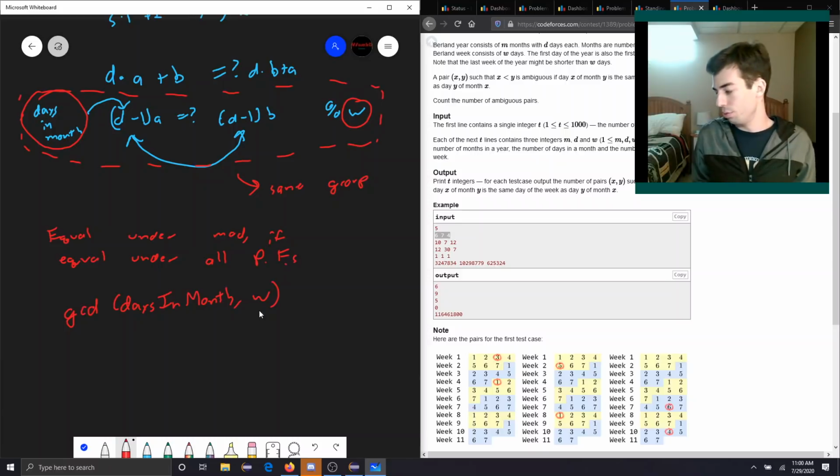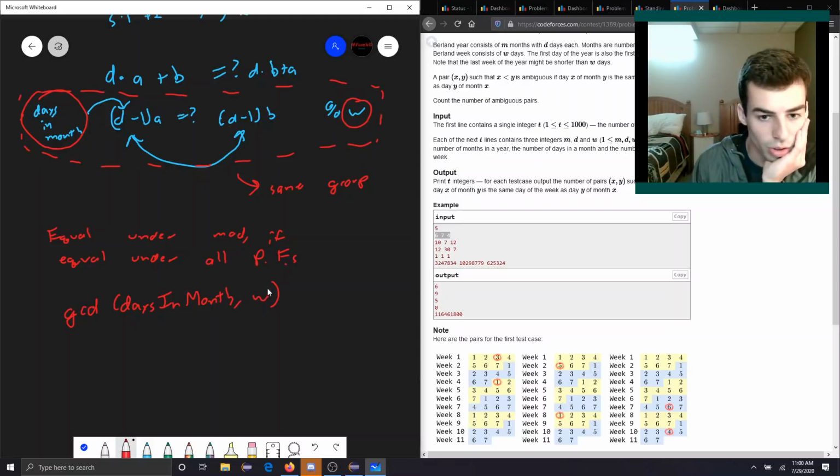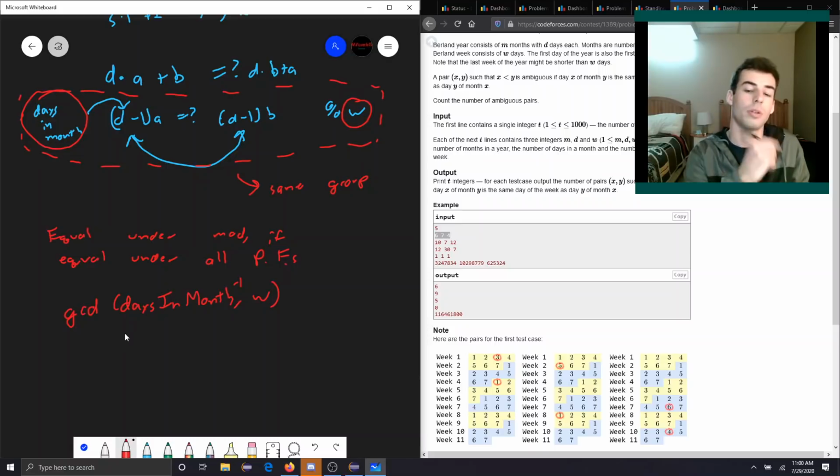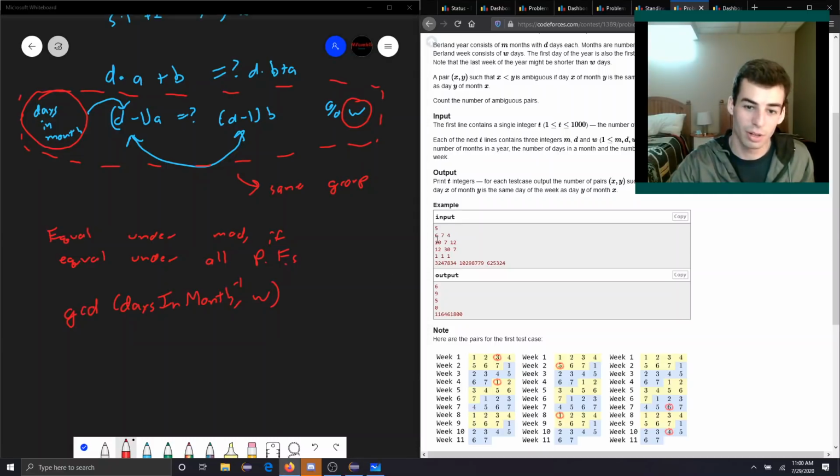Is that true? Days in month minus 1 though, right? Yeah, days in month minus 1 and the week. So I never would have gotten this from the pattern. I was looking at the 6 and the 4, but the 6 and the 4 have nothing to do with it. It's the 7 minus 1 and the 4.